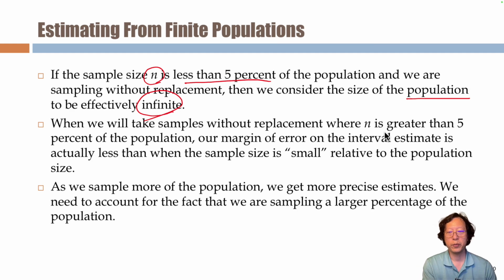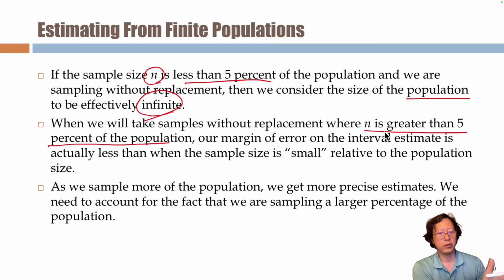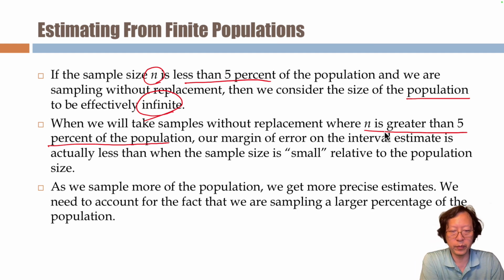However, if you select a relatively large sample, greater than 5%, then your interval is actually smaller than what the sample size suggests, because you are collecting a significant number of members of the population. Then you can tighten your confidence interval.